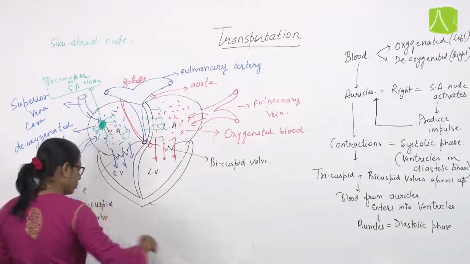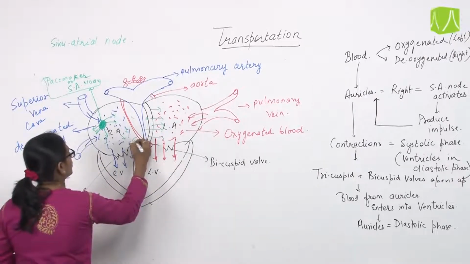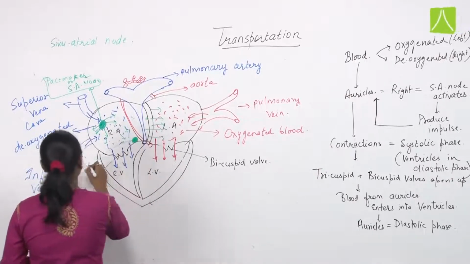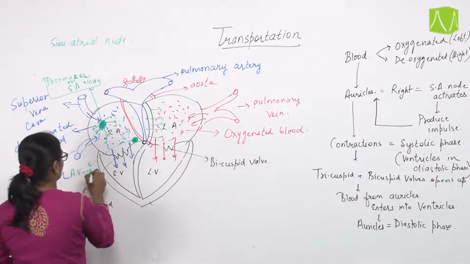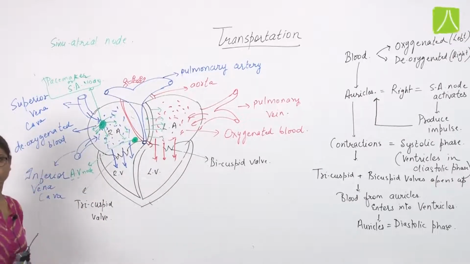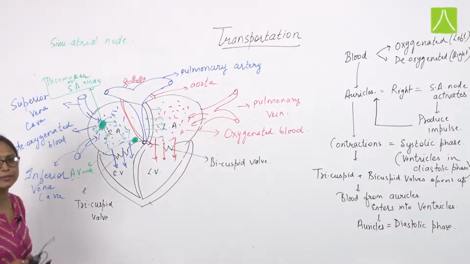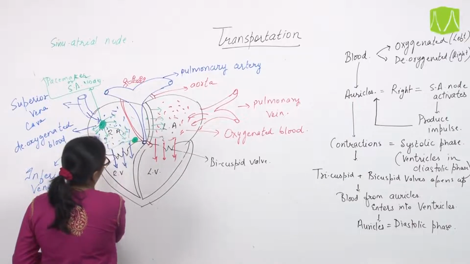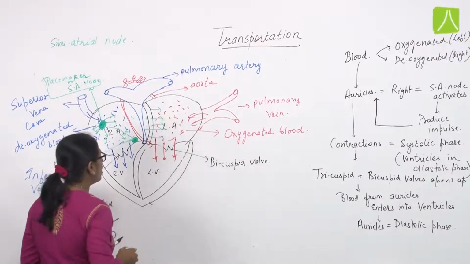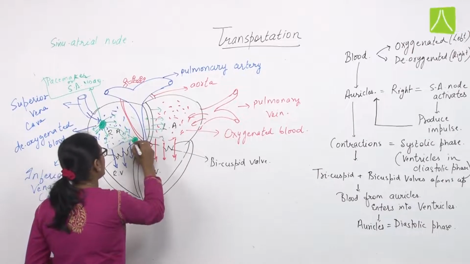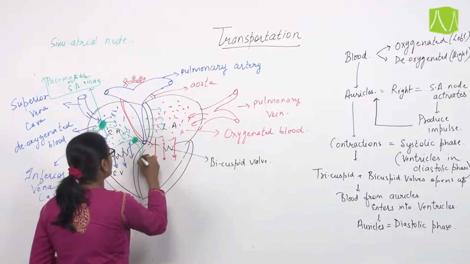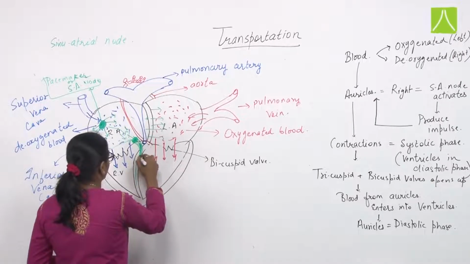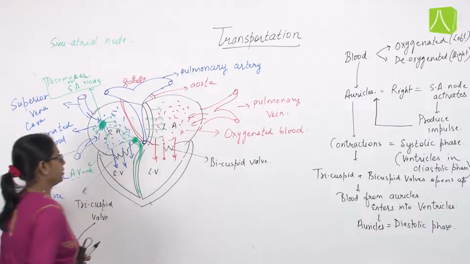There is one more node present near the wall of the AV septum, and this node is known as the AV node, the auricular ventricular node, because it is present on the septum, that is the AV septum. Now the signal which is released from the SA node passes to this AV node, and through this AV node a bundle of neuromuscular fiber passes to the interventricular septum.